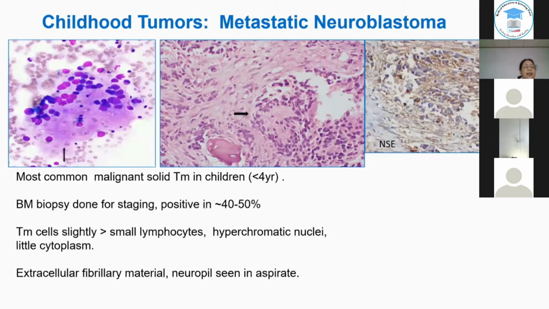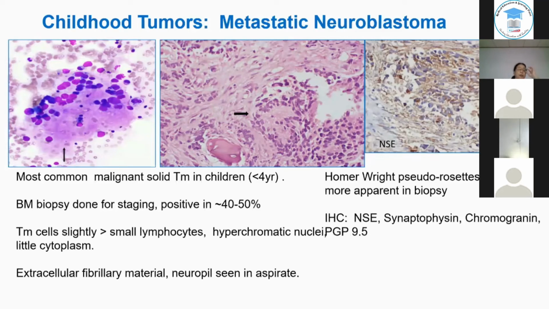But the most important finding is this extracellular fibrillary material, which is called neuropil. The black pointer is pointing to that. Then in the bone marrow biopsy, in a minority of cases, you can see Homer-Wright pseudo-rosettes.